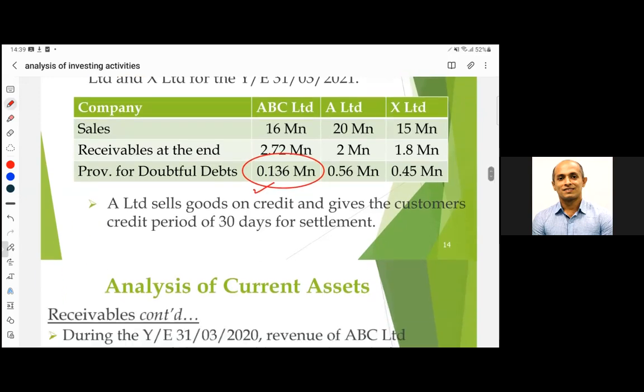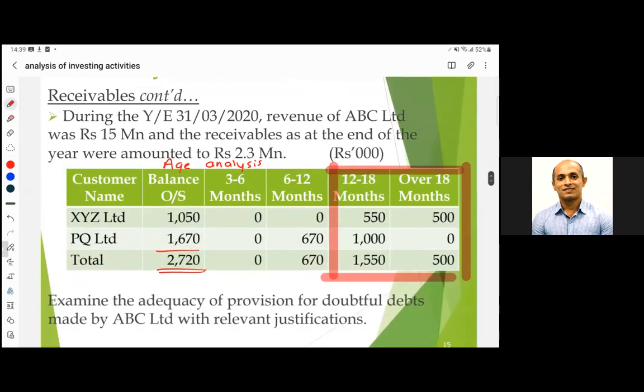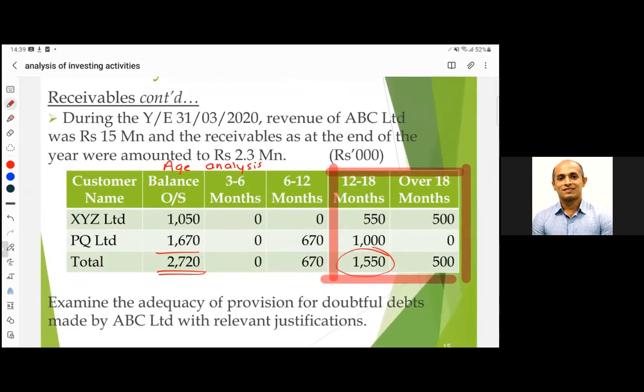But you see, 1,550 balance outstanding over 12 months and another 500 balance outstanding over 18 months. So these two balances are completely unrecoverable. That can be the situation.